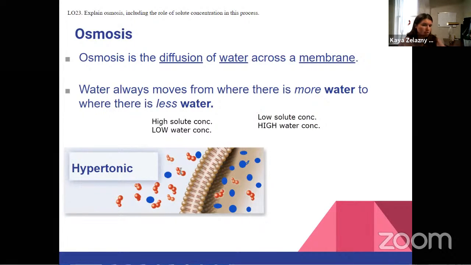So if this solute is able to get across, it would move down its gradient. This would not be osmosis if we have the high solute move towards the low solute concentration. But sometimes we have our selectively permeable membrane, so that can't happen. If that can't happen, in order to equalize these concentrations, we're going to have water move from where we have lots of water to where we don't have very much water.